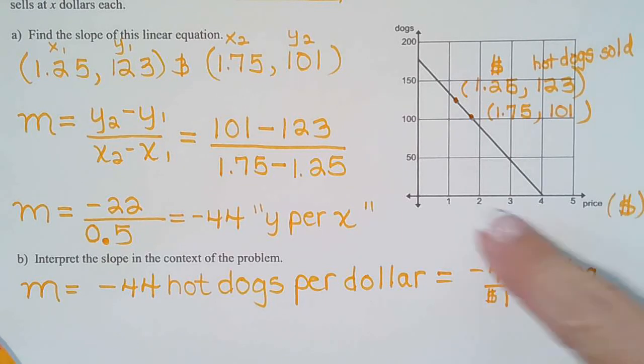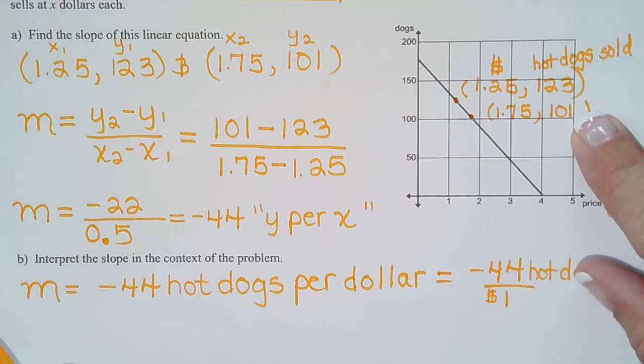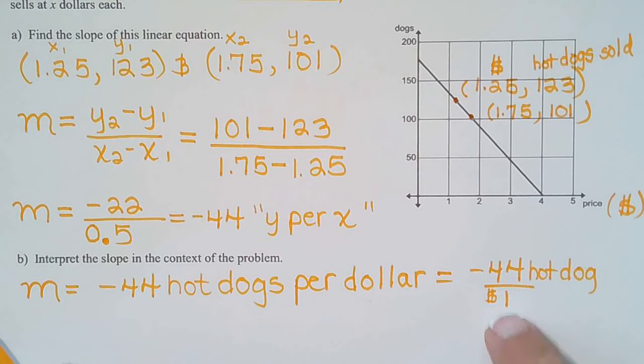And here it was just 50 cents. That's why we sold 22 less. But if it's $1, you'll sell 44 less hot dogs. So for every dollar increase in price, 44 less hot dogs will be sold.